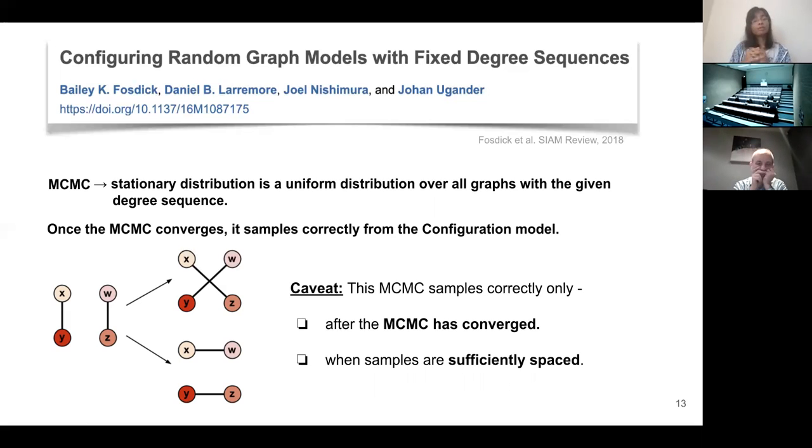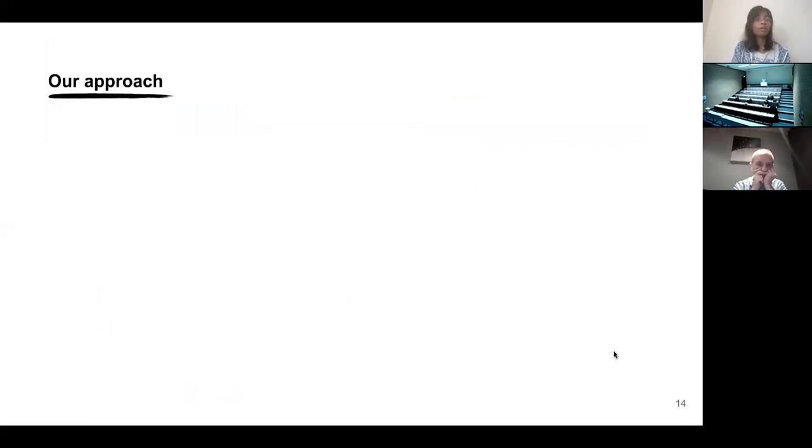So we need to know how spaced the samples should be in this Markov chain before they are sufficiently independent of each other, and then we can consider them as uniform random samples. So right now, we don't know how long this MCMC should run before it converges and how spaced the samples should be. That is the question we answer in this project.